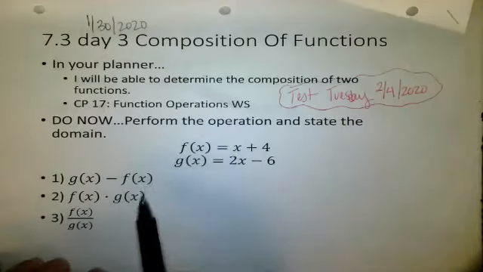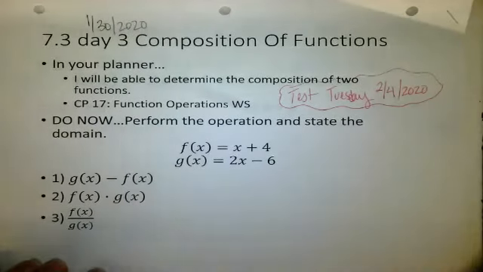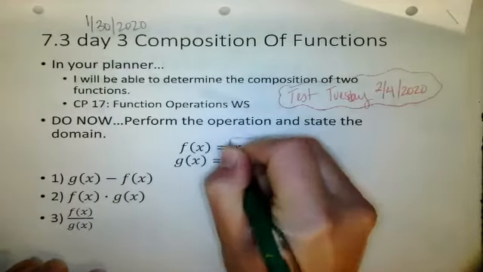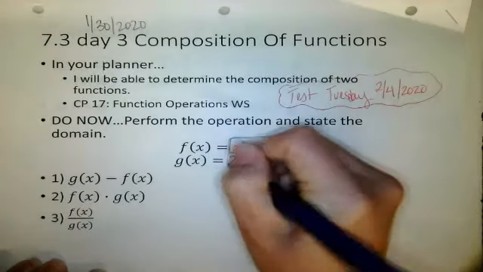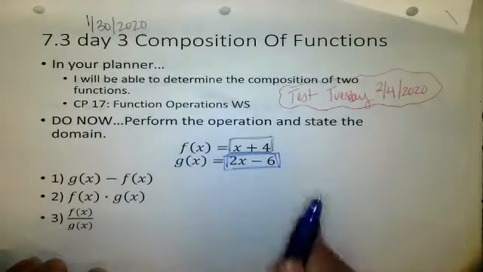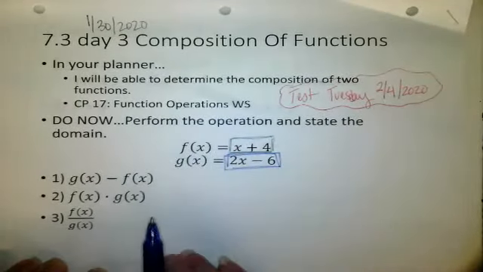But to review from yesterday, we did some function notation yesterday. And I have two functions. I have the f function and I have the g function. X plus 4 is equal to f of x.